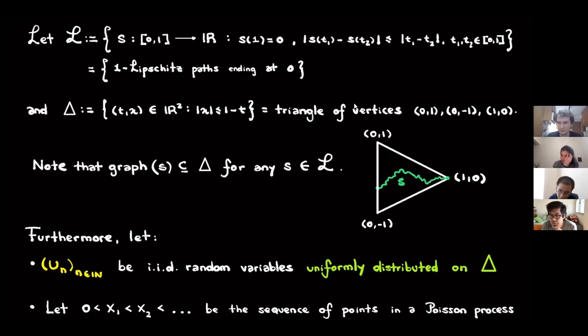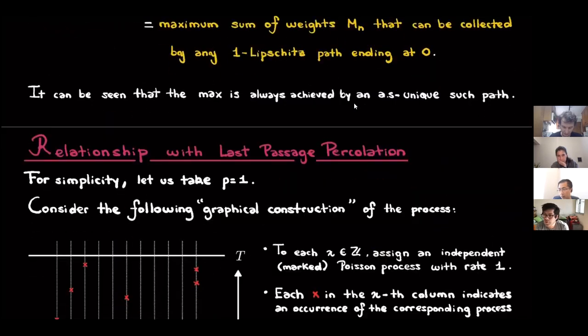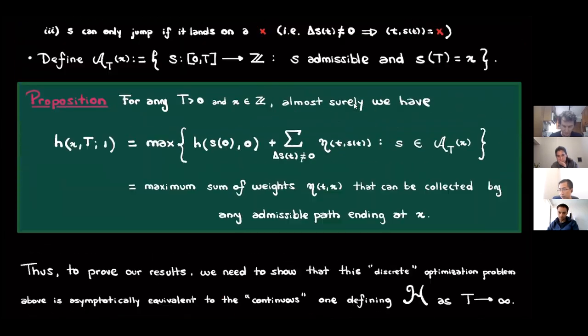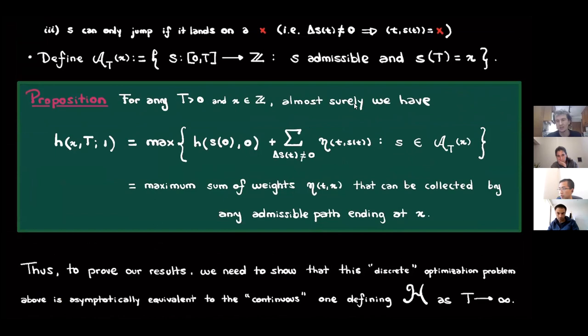Could you explain where the Lipschitz condition arises? Basically, what I want is paths which grow no faster than slope 1 in absolute value.